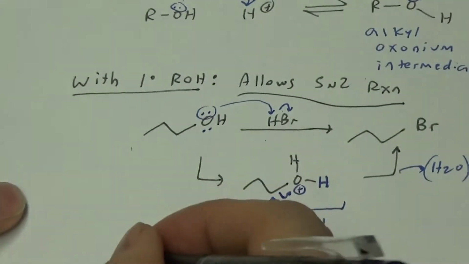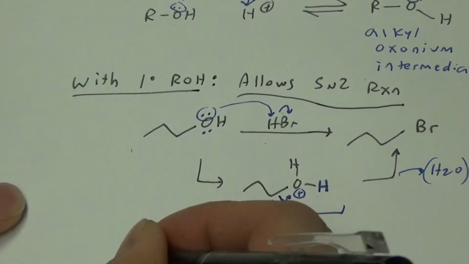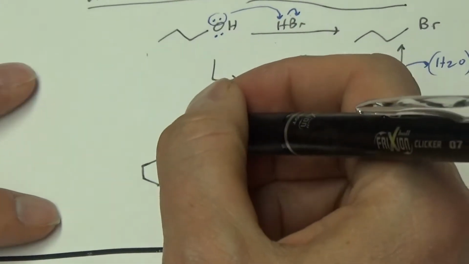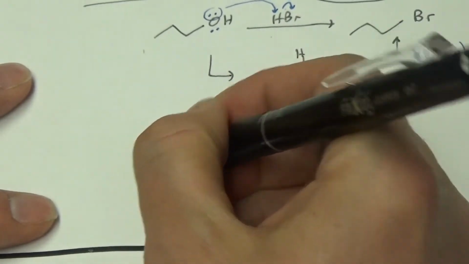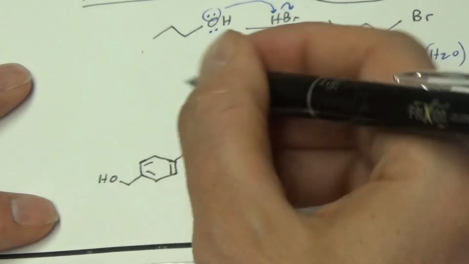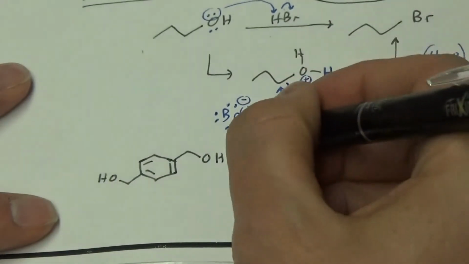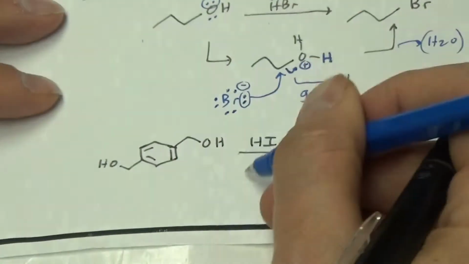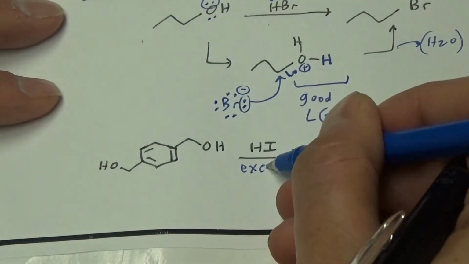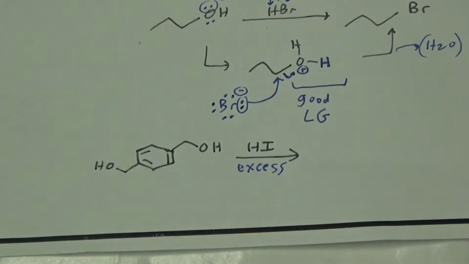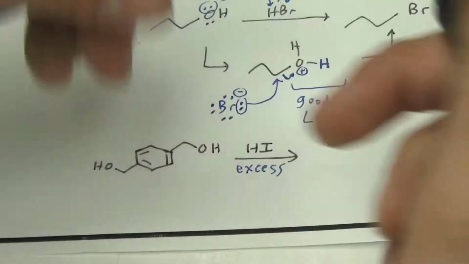Alright, so what else? Let's try another example. What if I have a double primary alcohol? And I treat it with HI. I'm going to assume excess, and usually you can always assume excess, meaning it's not just one molecule of this to one molecule of that. It's excess.